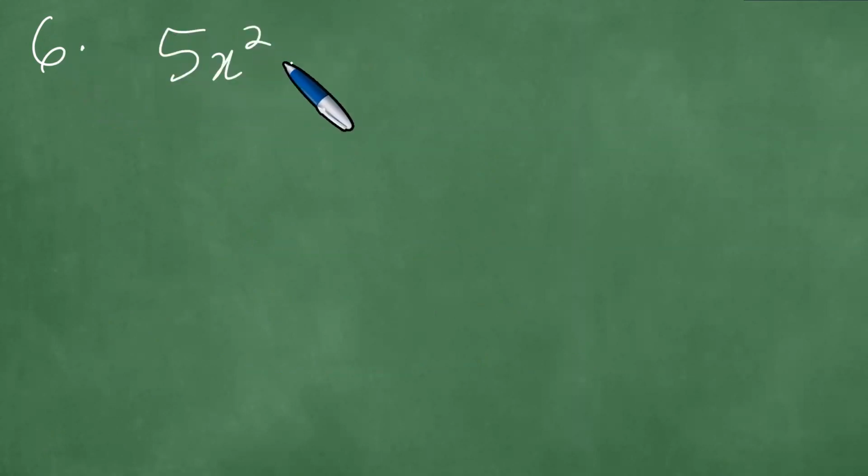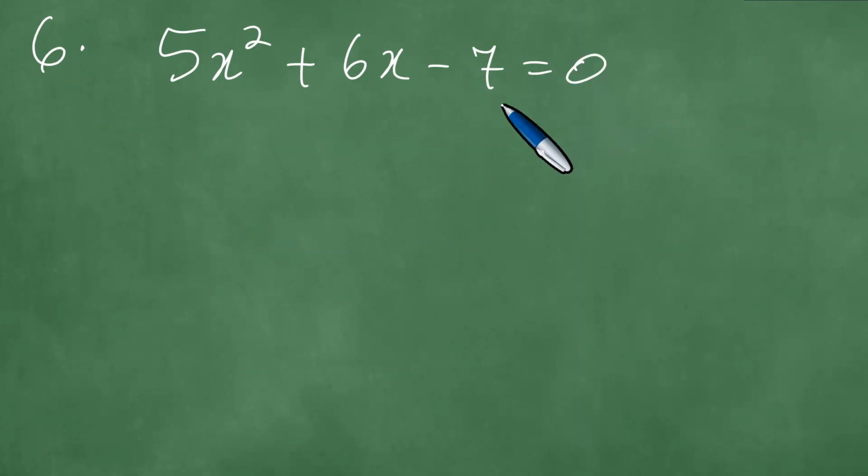Right, next one. If we give you now 5x squared plus 6x minus 7, the result is 0. What's the answer?